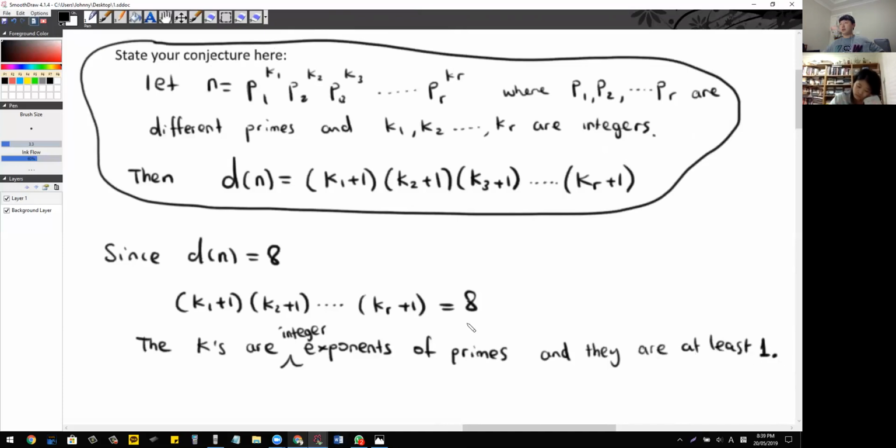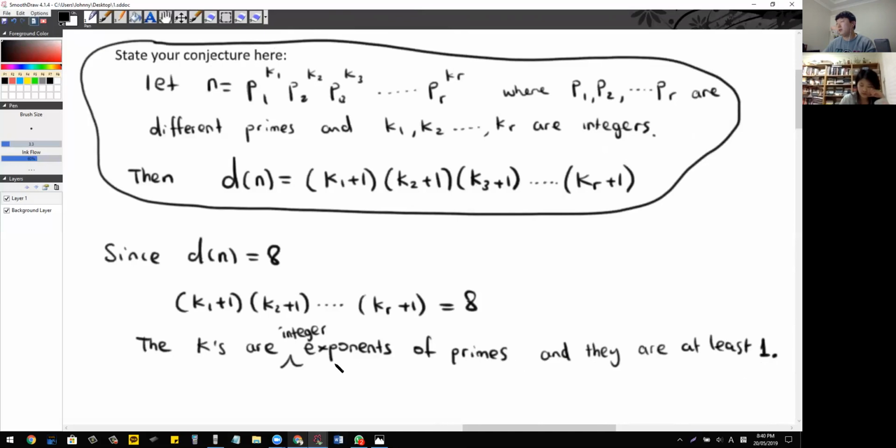The reason why it's at least 1 is because if it's 0, that means you don't have prime factorization in terms of, for example, P1. Yeah, so they can equal 0, but that means you just don't have the prime. Certain prime is just not there.